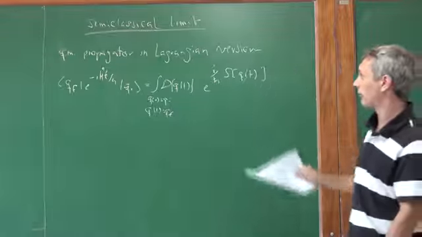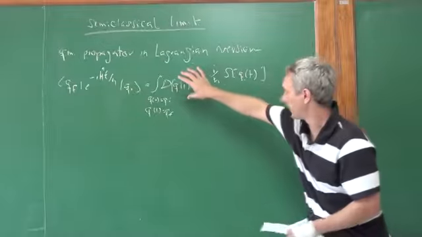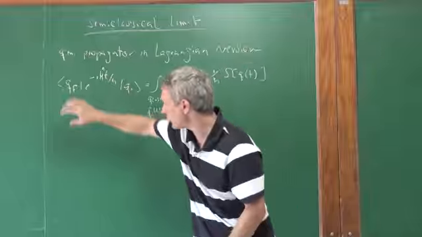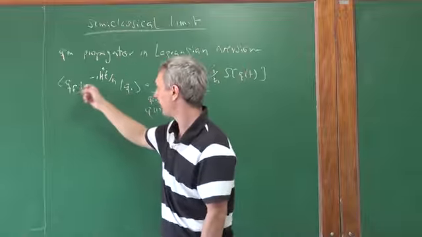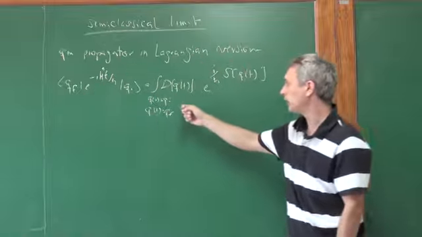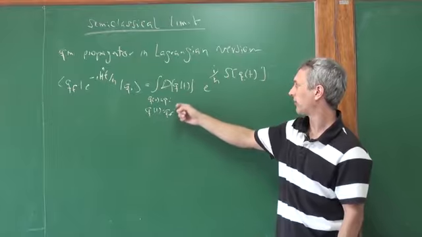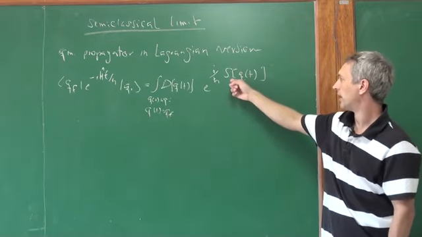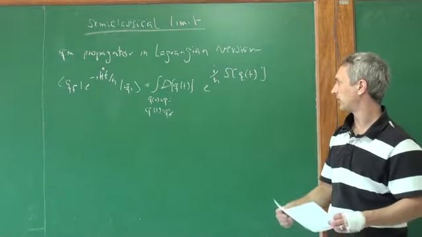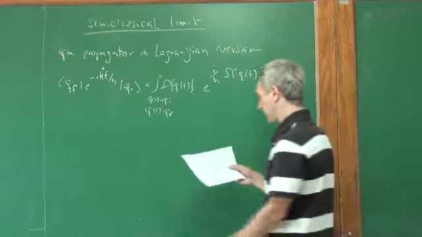So let's start off with the quantum mechanical propagator in the Lagrangian version. To calculate the transition amplitude, the amplitude to propagate from an initial point to some final point at some time t, we integrate over all possible paths in coordinate space which connect those two points at time t, and then weigh each path with the classical action associated with this trajectory.